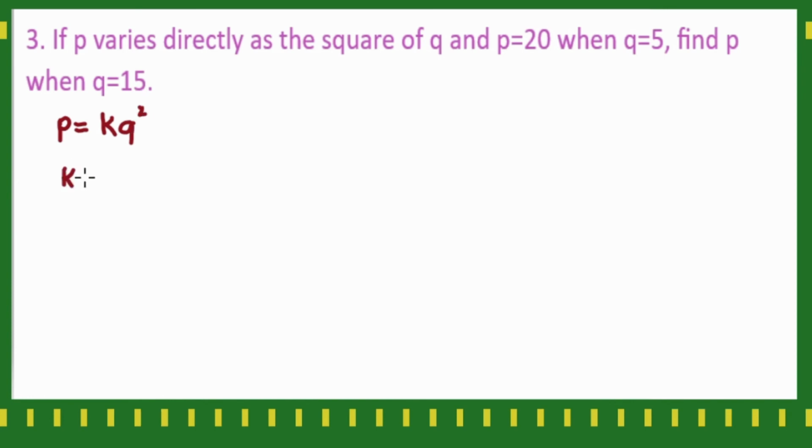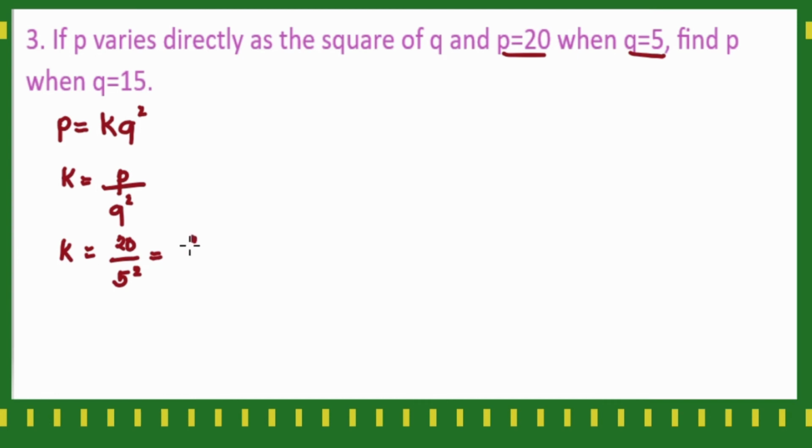So K is equal to P over Q squared. P is 20 when Q is 5. So P is 20, that's the value, over Q, which is 5. So we have 5 squared. So let's square the 5 first.